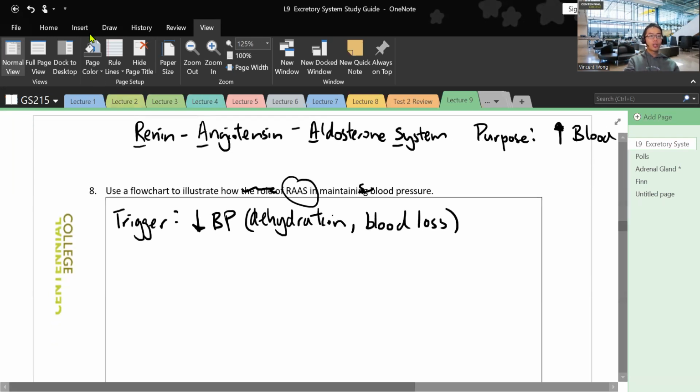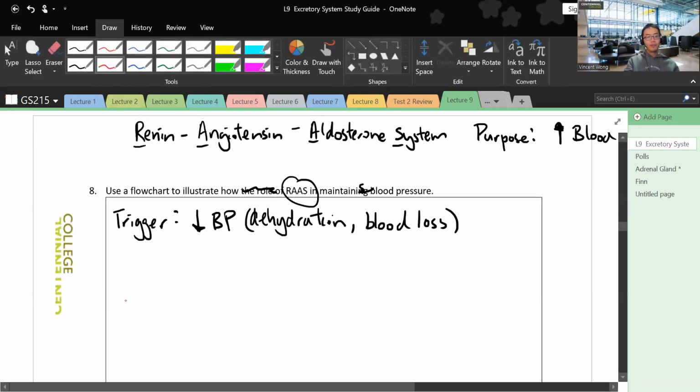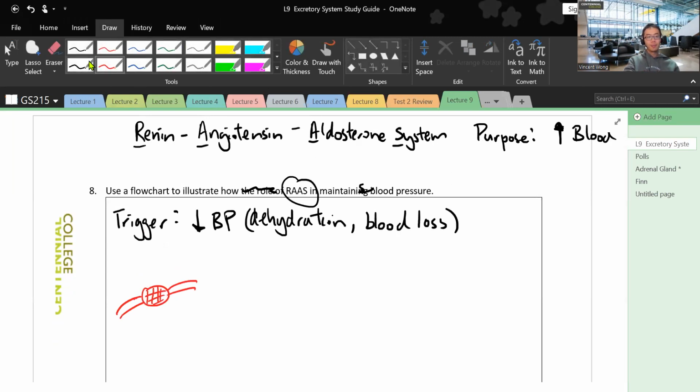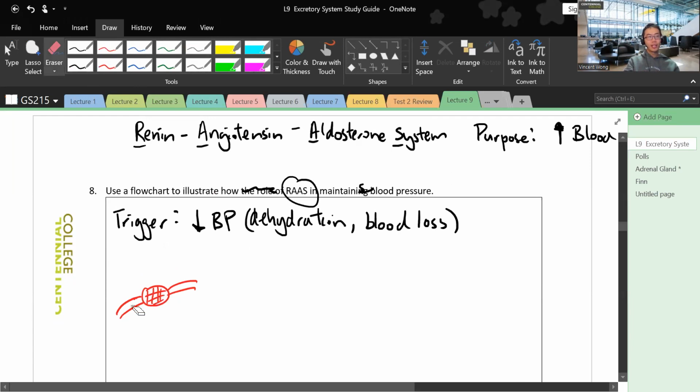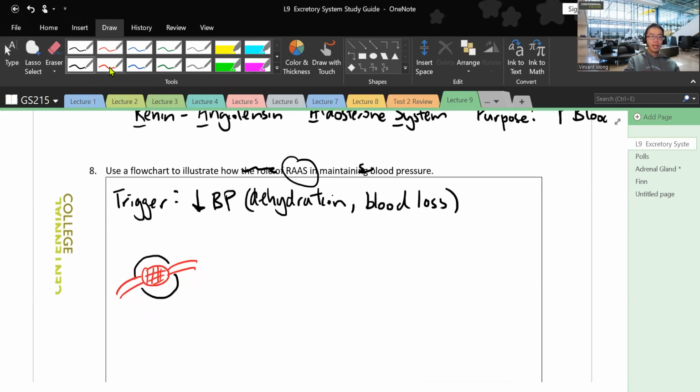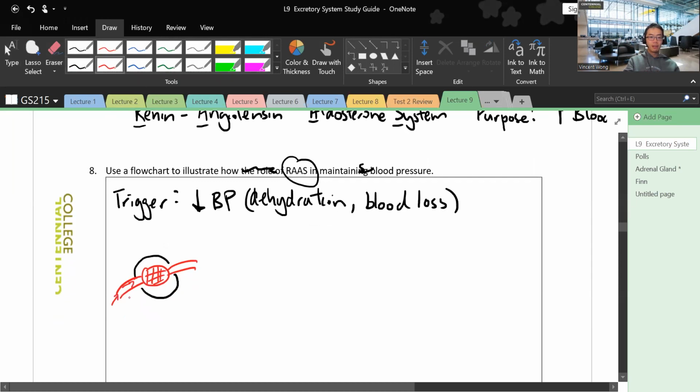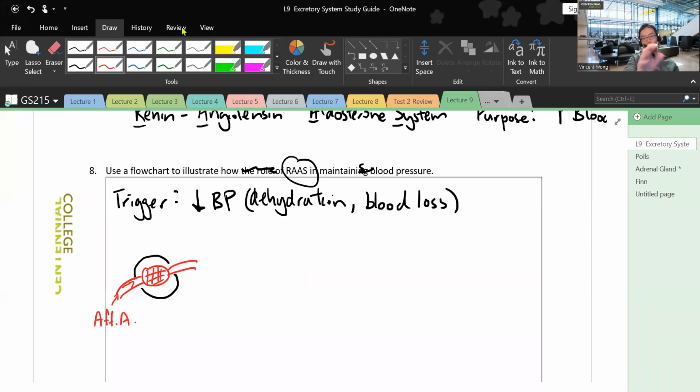So where does it all start? Well, hopefully you know what I'm drawing now, because I've been drawing this for the whole class. Here is the glomerulus, right? And the glomerulus is surrounded by this guy, which is the Bowman's capsule. You probably know by now that this is the afferent arteriole. Nothing new so far. Okay.